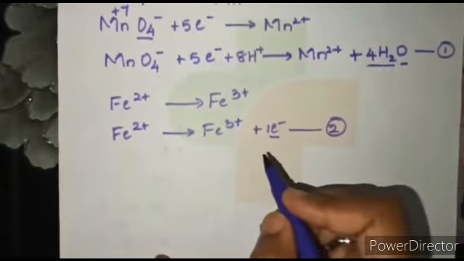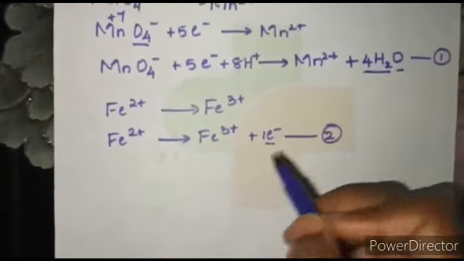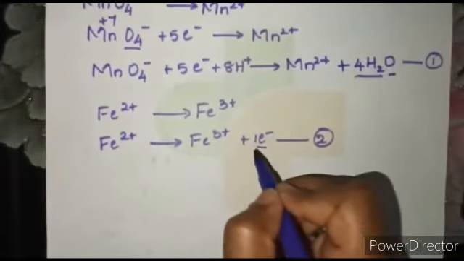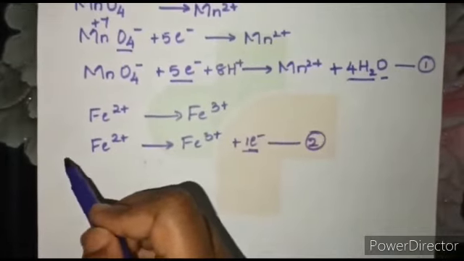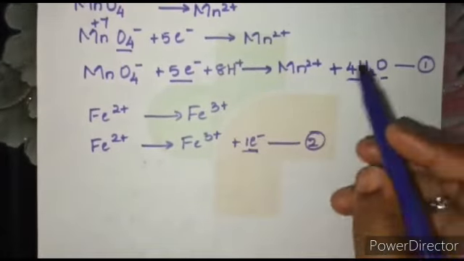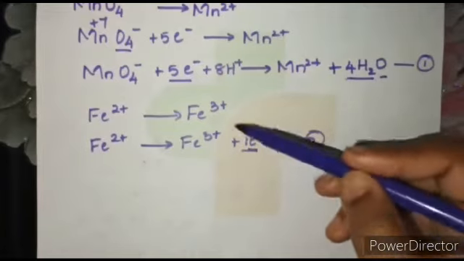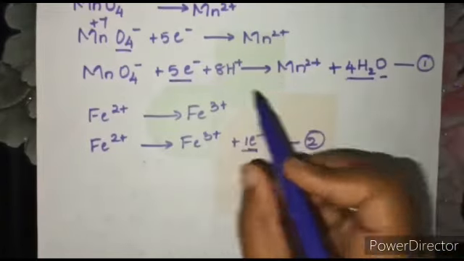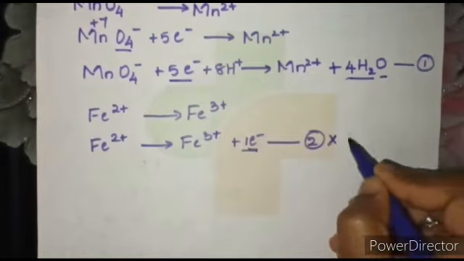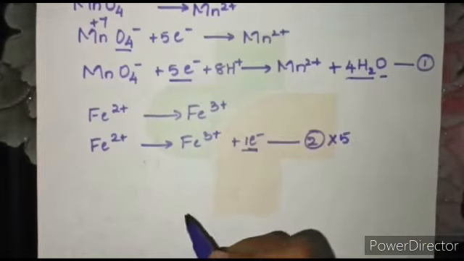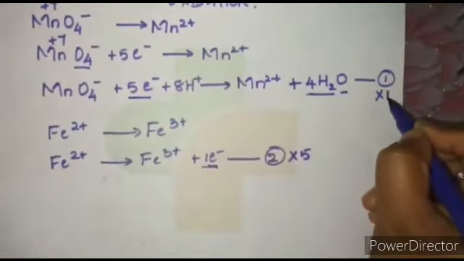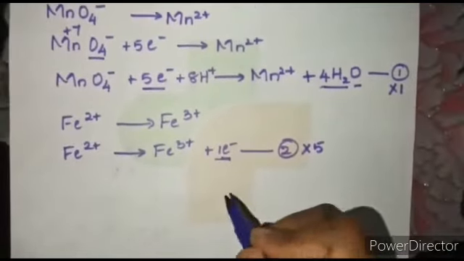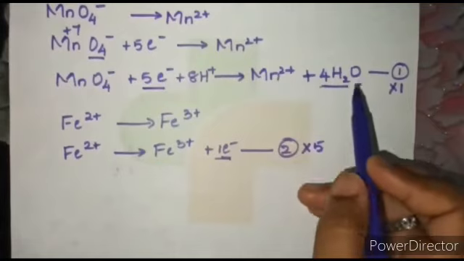Now we are going to balance the electrons from both the equations. Here there is 1 electron and here there are 5 electrons. Henceforth you are going to multiply both the equations in the reverse order. The 5 electrons here will be multiplied as 5 for equation number 2, and 1 here will be multiplied for equation number 1. Equation number 1 remains.